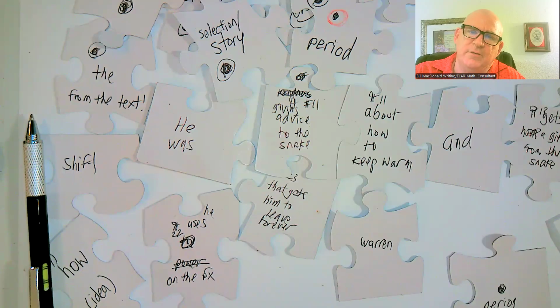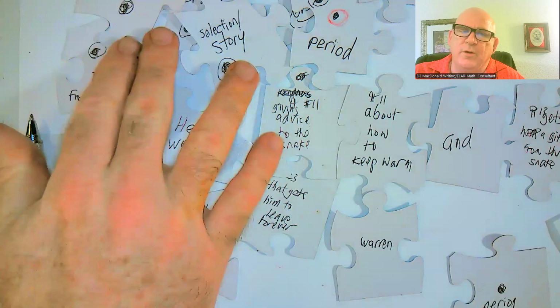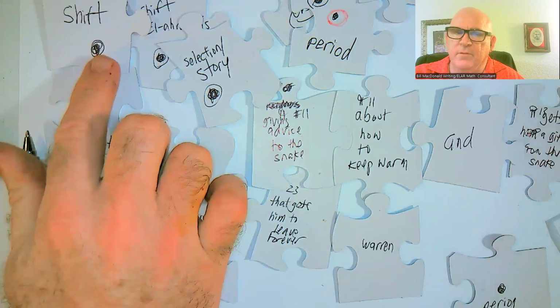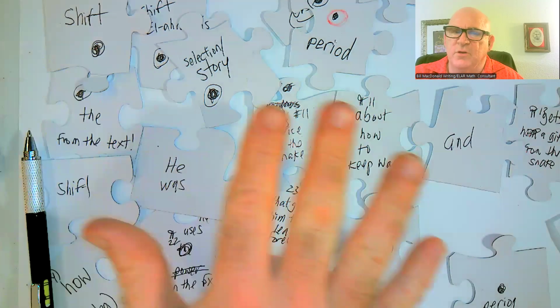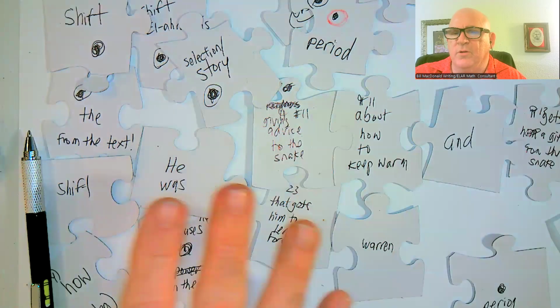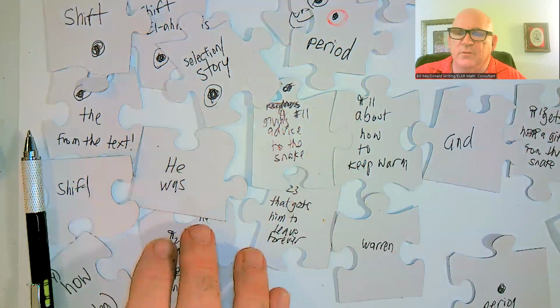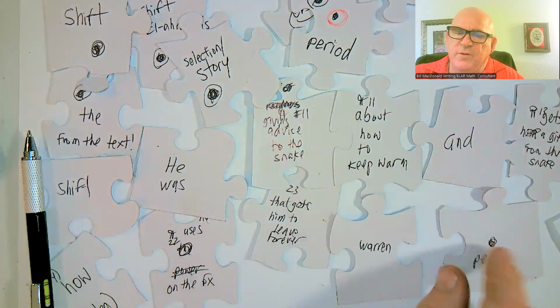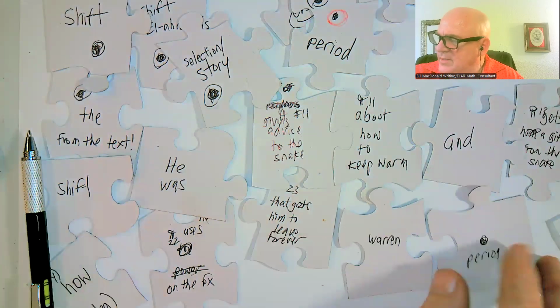You can try that. If you think the idea of breaking the prompt apart works, do it in all grade levels. Have your students only worry about shift or capital. If your students are not putting capitals on all proper nouns or the first word, or periods and commas, let them have their own puzzle piece.